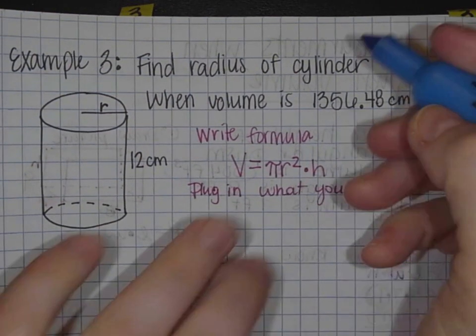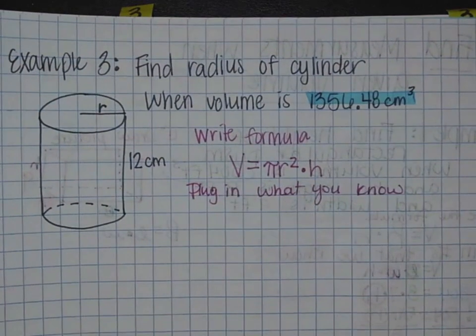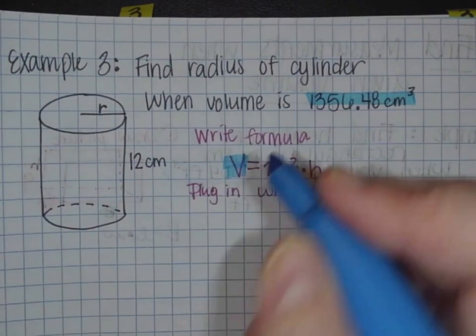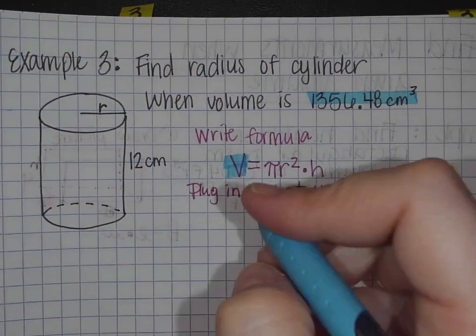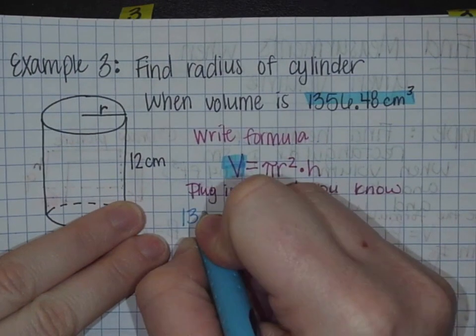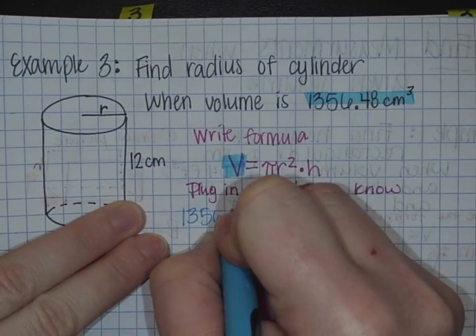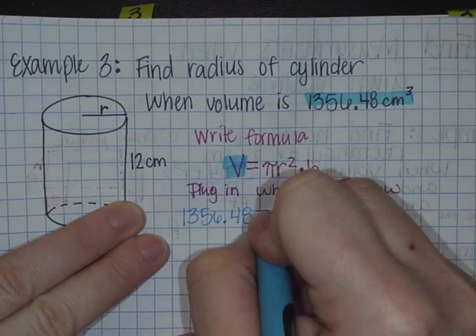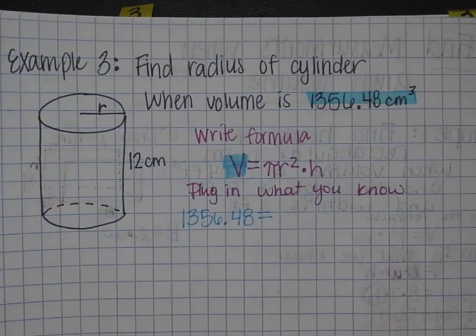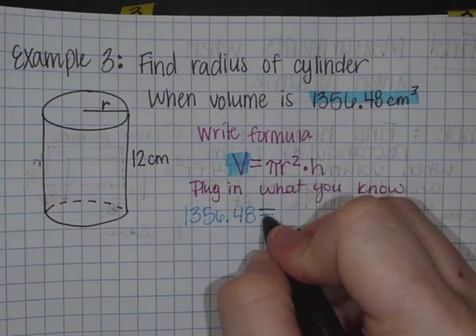Okay, so we have volume. So we're going to do 1,356.48 equals, we know it stays pi.